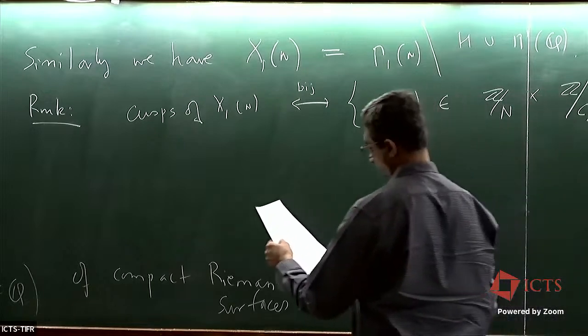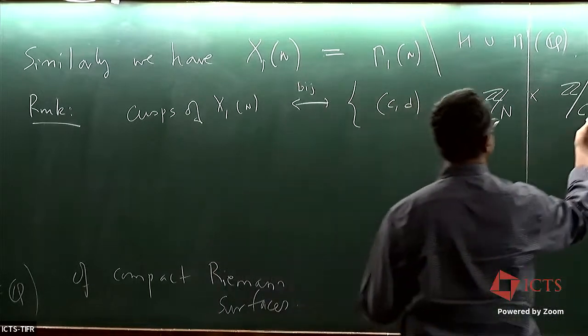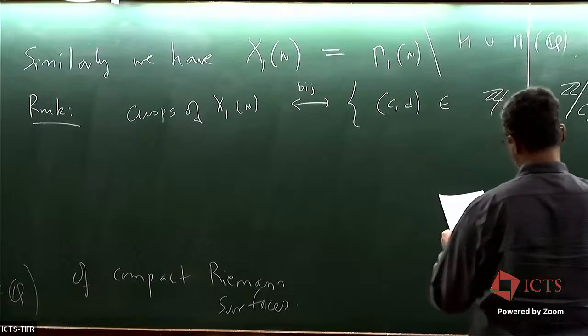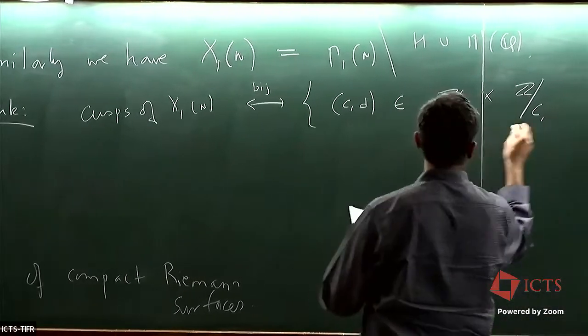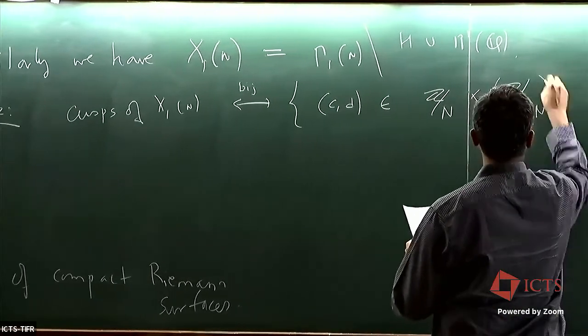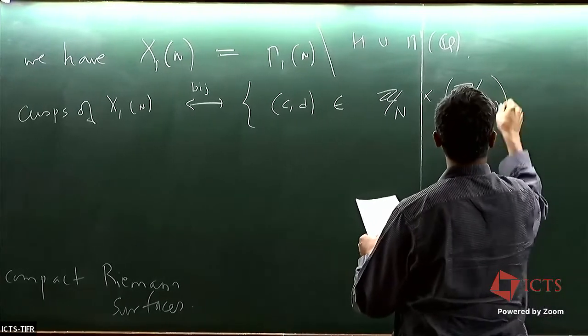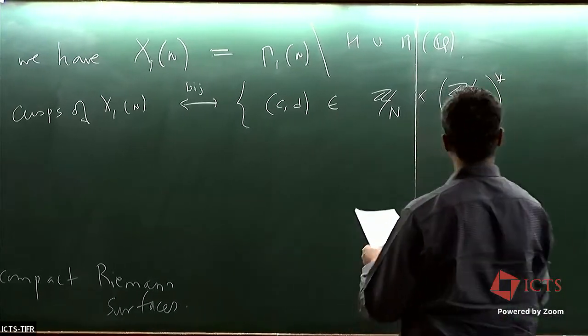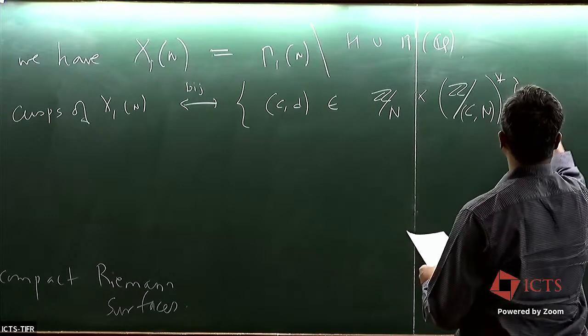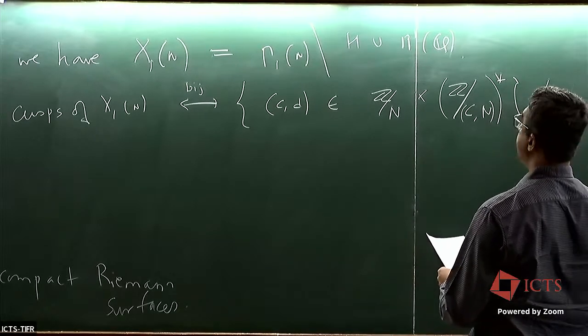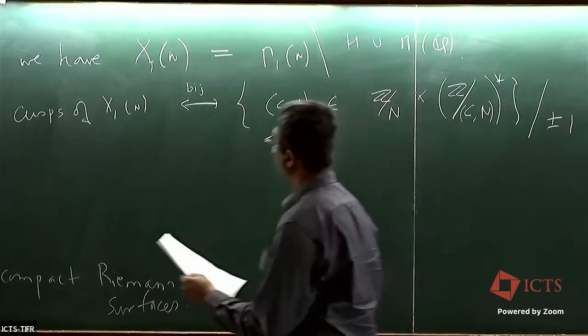Okay, so a little bit of a nested definition, so it's a little confusing. (c, d) is in this set, modulo plus or minus 1.